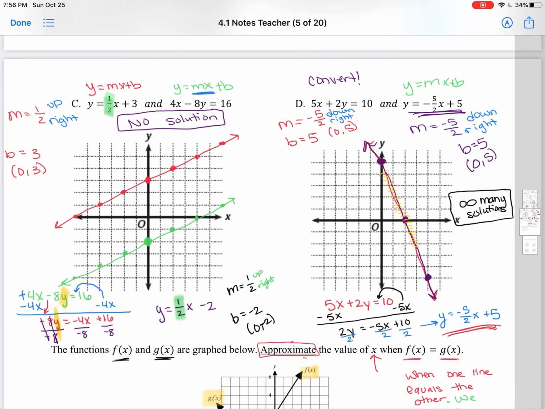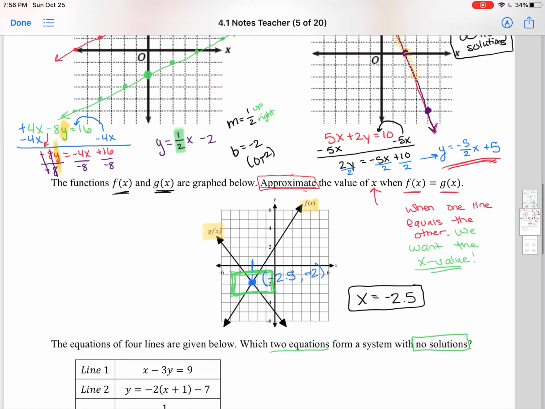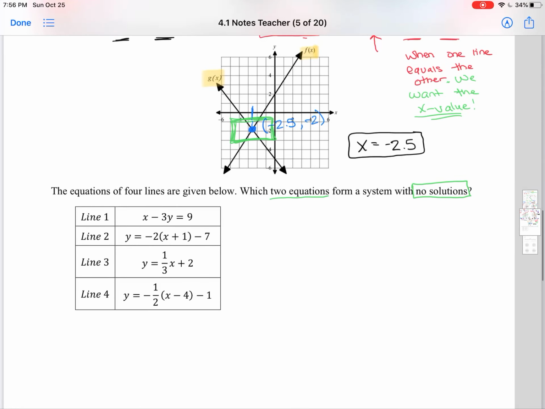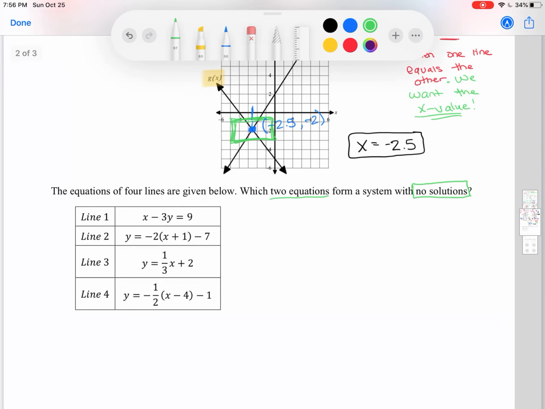If we go back to one of our questions that had no solution, what was special about question C once we developed and saw our graphs? We knew we were working with parallel lines. And more importantly, if I remember what parallel lines refers to, I know I'm working with the same slope. So on this question here, if it's no solution, I know I'm looking for parallel lines.